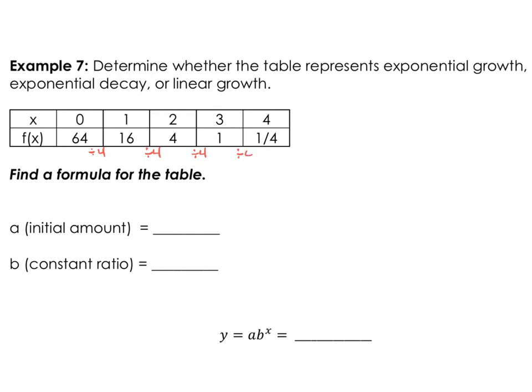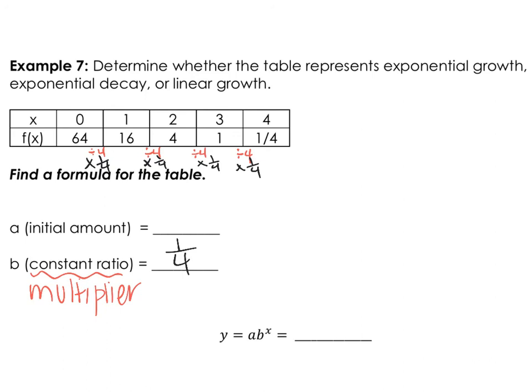Now, if you remember, in the last section, we talked about this being called your multiplier, which again, we have to say as your multiplier, what it's multiplying by. We said that this was dividing by 4. So we need to switch it to multiplying, and that would be multiplying by 1/4. So a 1/4.